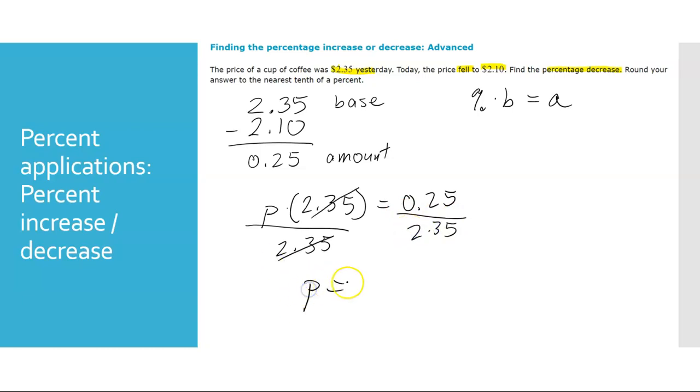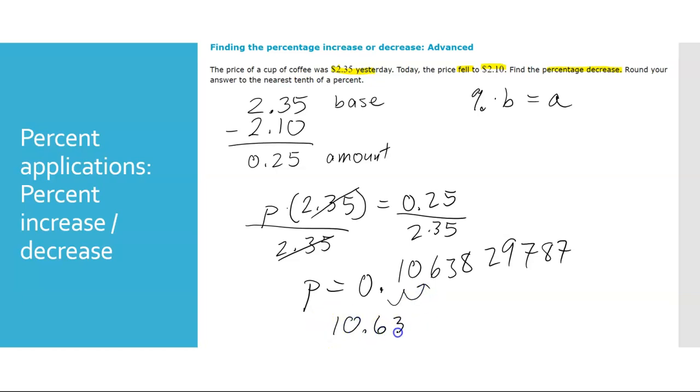And we have P equals this long decimal, 0.106382977, goes on from there. Remember, this is a decimal. Our answer is supposed to be a percent, so we need to convert to a percentage first by hopping the decimal over two places. Get 10.6382, goes on from there.